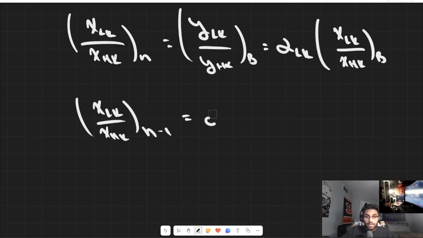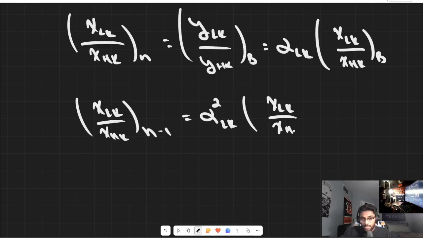So you're going to end up with alpha squared times your x light key, x heavy key from the bottoms. So now you realize that with each stage that we overcome and derive for, we keep adding an increment to this exponent that is the same number of stages that we have encapsulated.